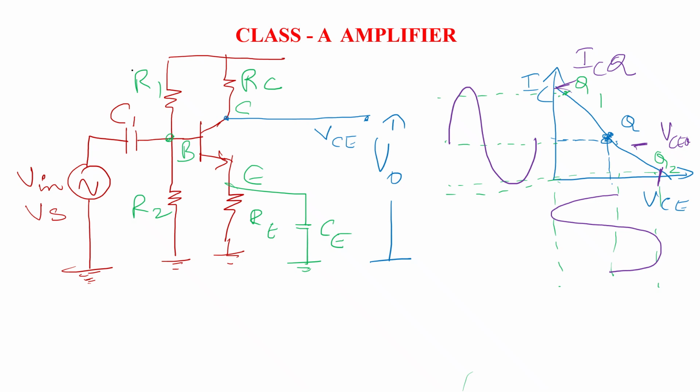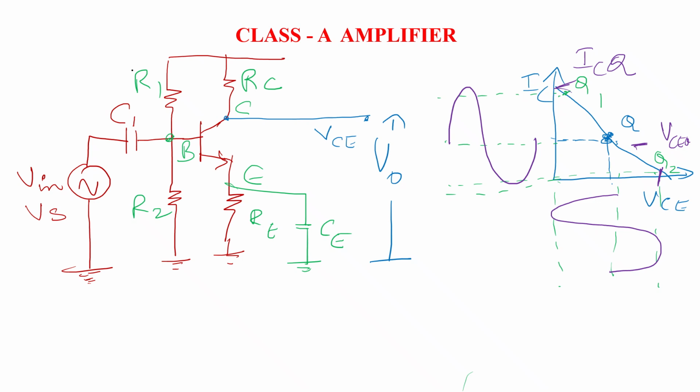The output current increases to IC max and decreases to IC minimum. Q1 and Q2 are the point shifts when the signal is applied. Similarly, the collector emitter voltage increases to VCE max and decreases to VCE minimum.